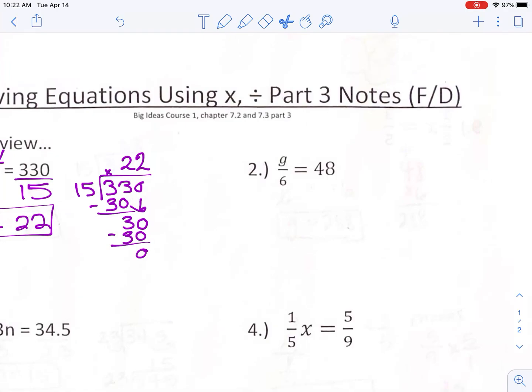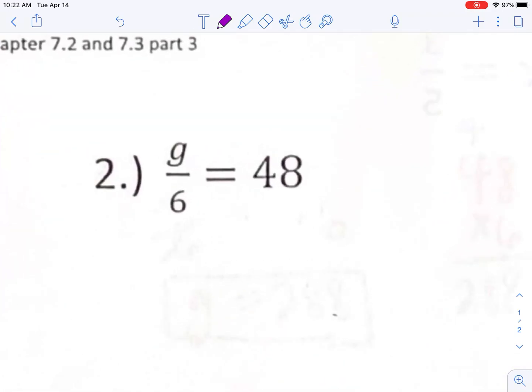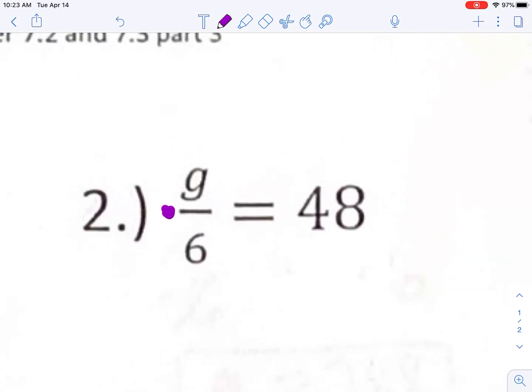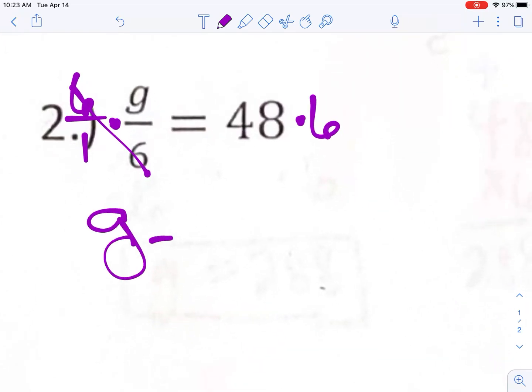Okay. All right, starting with number 2, we have something divided by 6 is 48. So instead of g divided by 6, the inverse of divide by 6 is to multiply by 6. So we're going to multiply this side by 6, which cancels out, and multiply this side by 6.